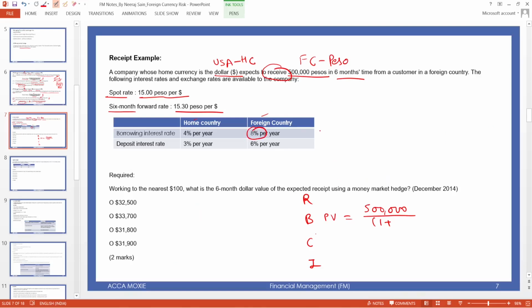This one is the borrowing rate, 8 divided by 100. You always have to do this for 6 months, so after 6 months, 8 divided by 100 gives 0.04. So 1 plus 0.04.